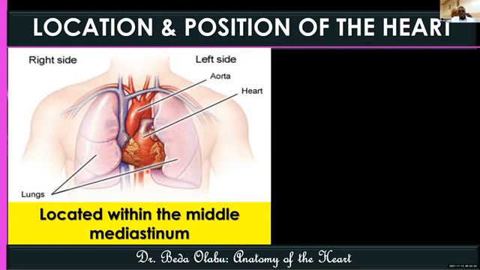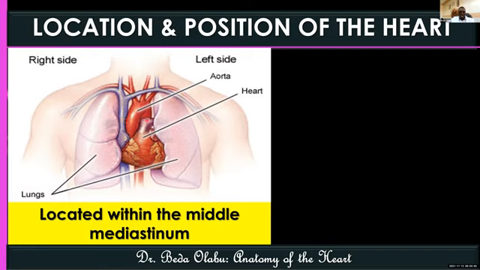You may know that the mediastinum is a region within the thoracic cavity between the right and the left lung. So this is the mediastinum. And the mediastinum is divided into two, maybe from around that line there.